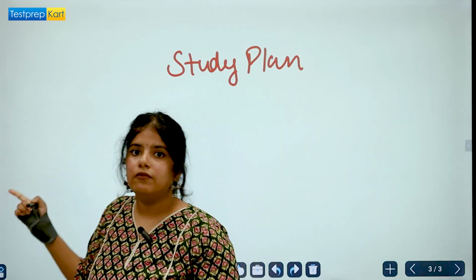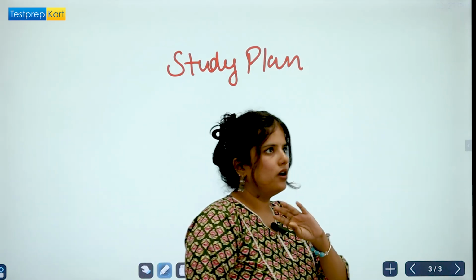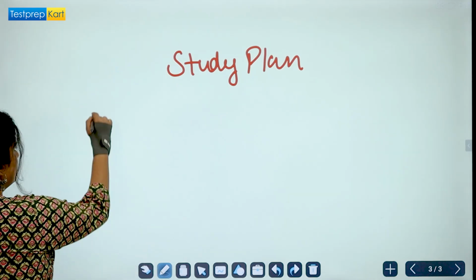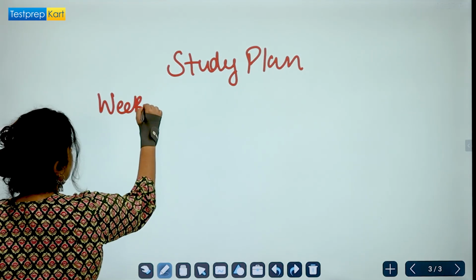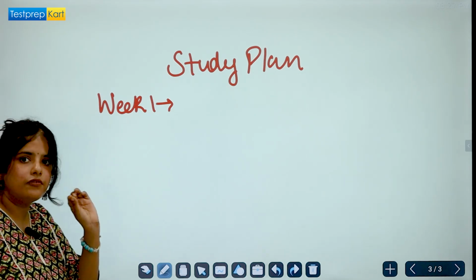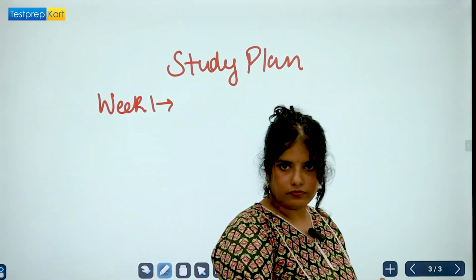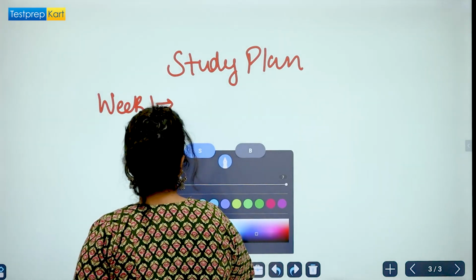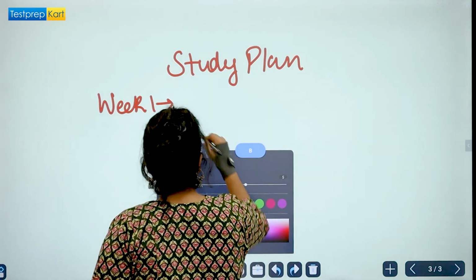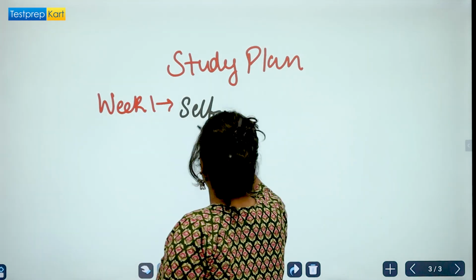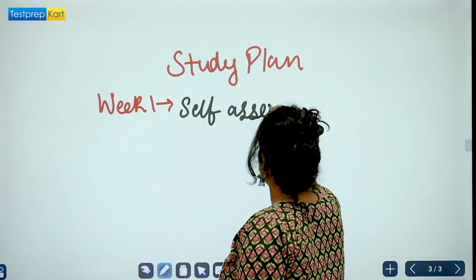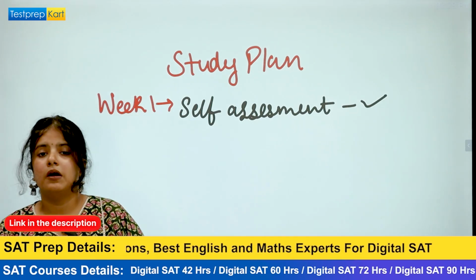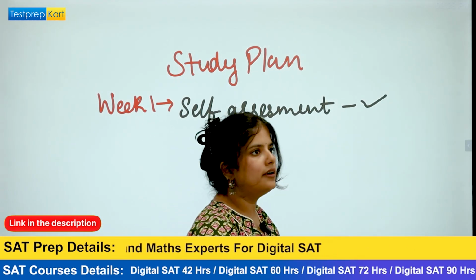So this is the plan that I would follow if I had only 30 days left for the SAT exam. Firstly, in week one, I will revise all the topics. In the first week, I would highly recommend taking a self-assessment to check where I stand, if I'm studying right or whatever.